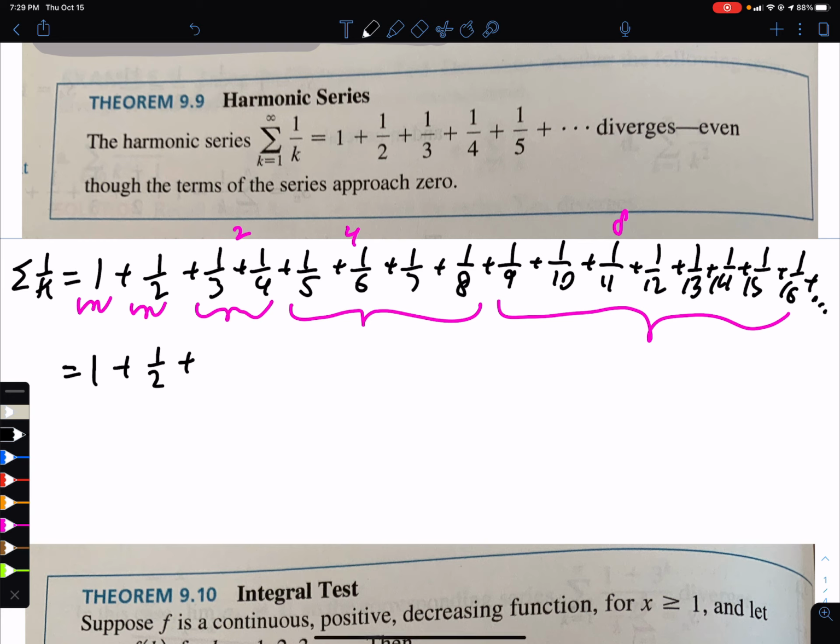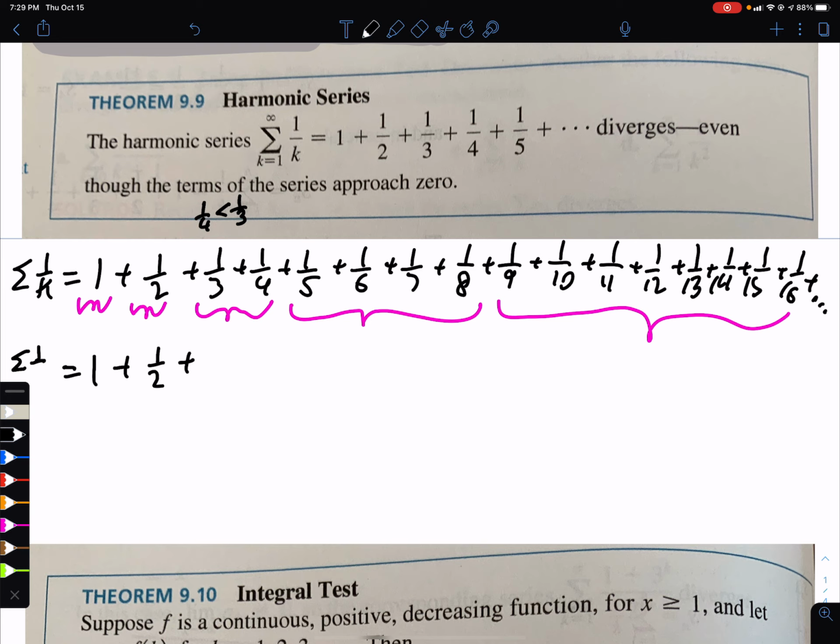Here is what I can claim. All right, don't you agree that, okay, I'm going to write this. 1/4, let me get rid of these numbers here. 1/4 is going to be smaller than 1/3. Do you agree with that?